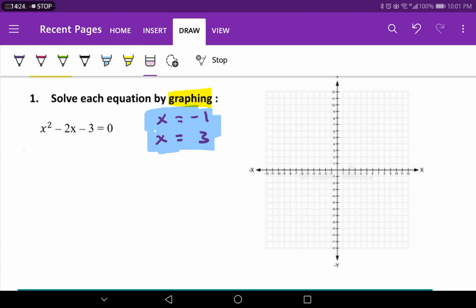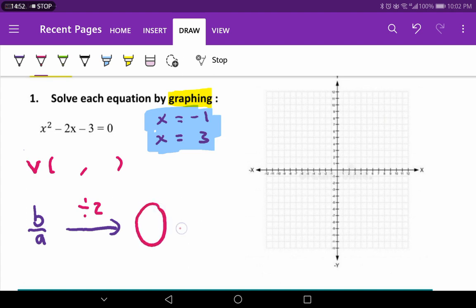Now how can we solve this equation by using a graph? First of all, we need the vertex. How do I get the vertex? Yes, thank you. B over A. After you find it, divide by 2. After you find it, flip the sign.